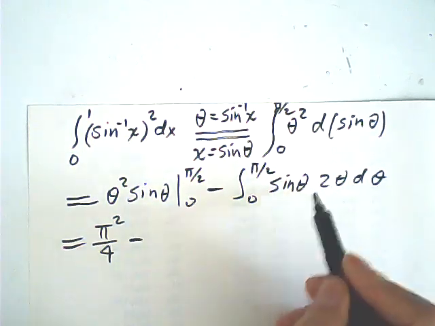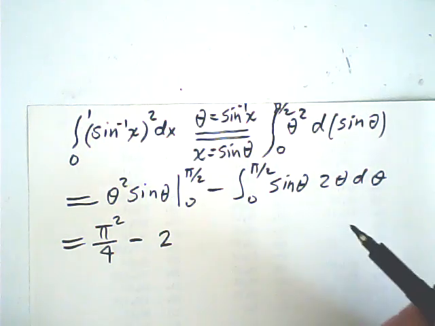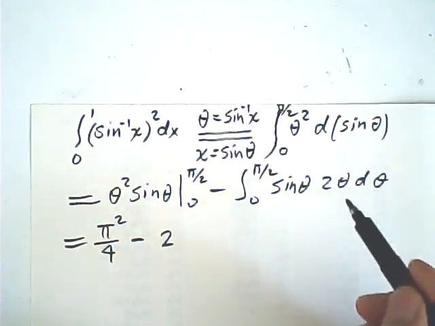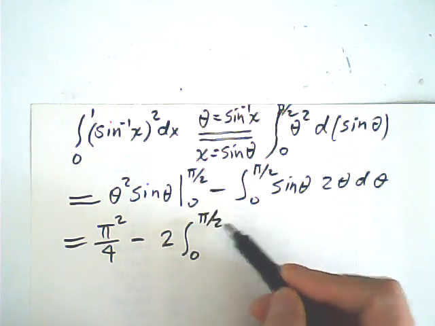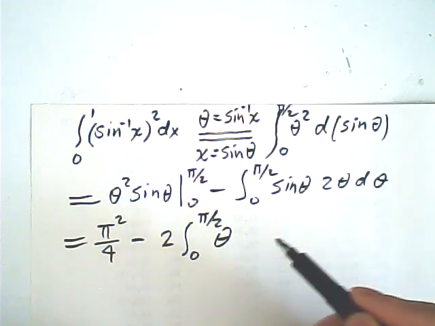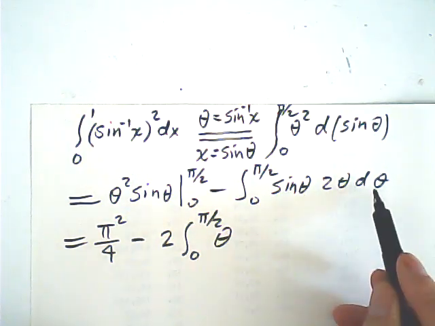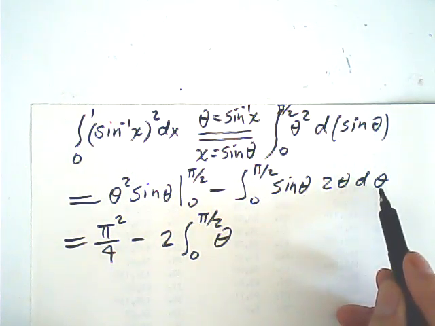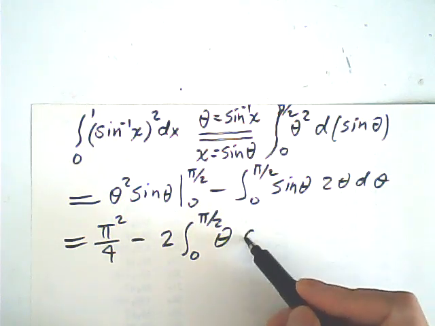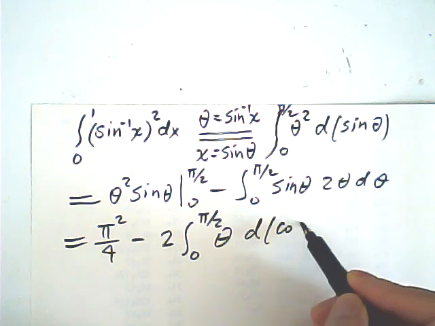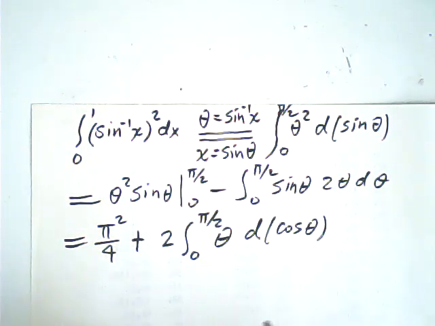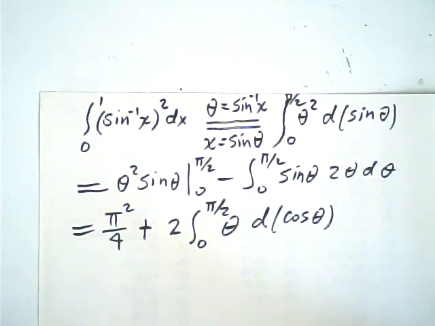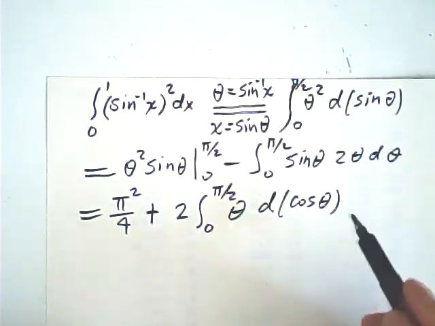Now this one I can reorganize. This is 2 and from 0 to half pi theta sine theta d theta, sine theta is a negative d cosine theta, right? I change it to positive. It's negative. Okay. So I can use by parts again.